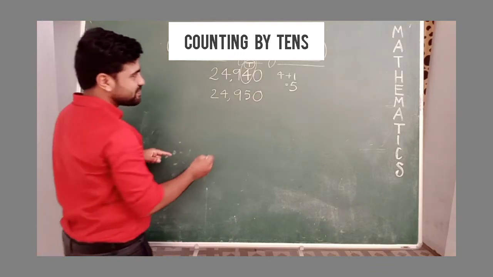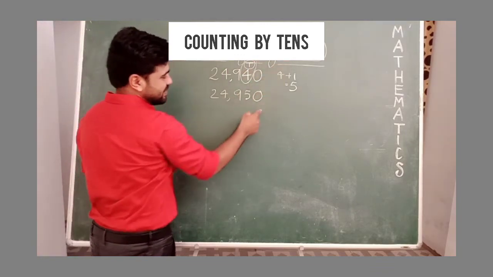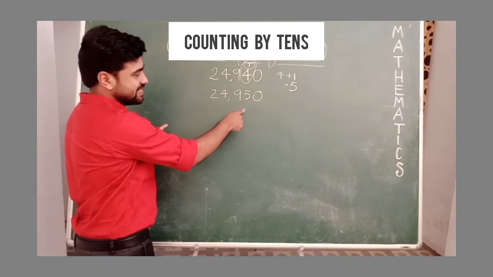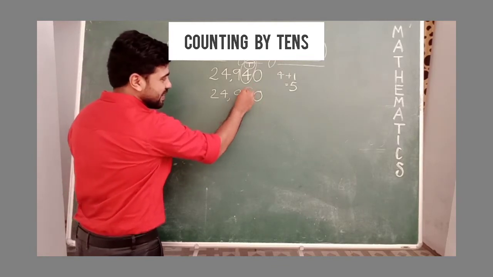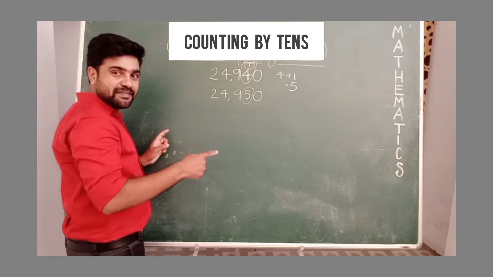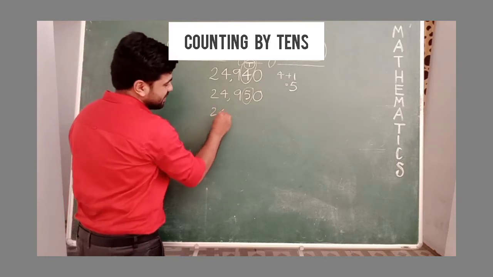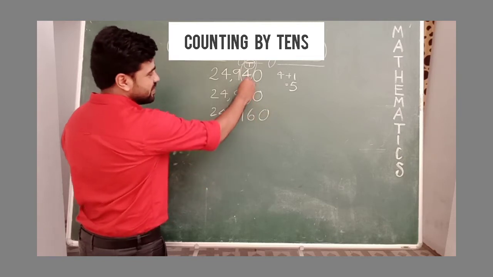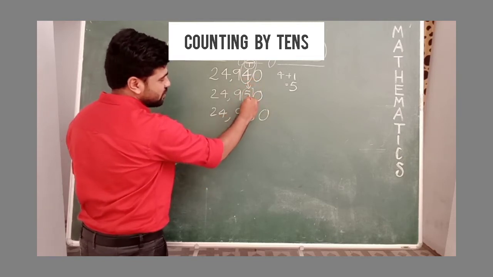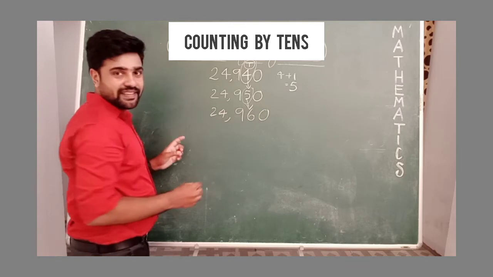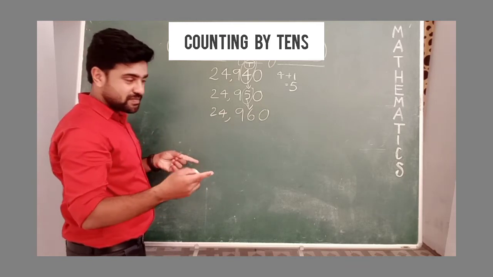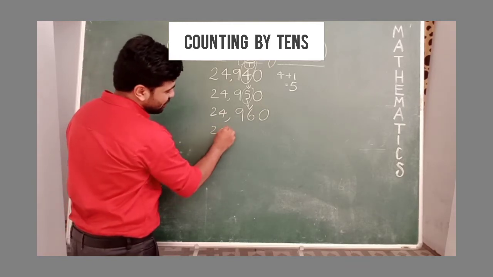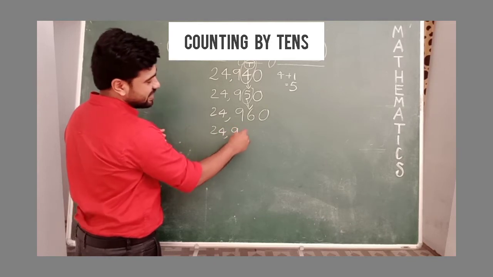Next number. It is counting by tens. Find out the number in tens place. It is 5. Write the next number after 5. 24,960. It was 4, then it is 5, then it comes to 6. What will be the next number? Very easy. 24,970.